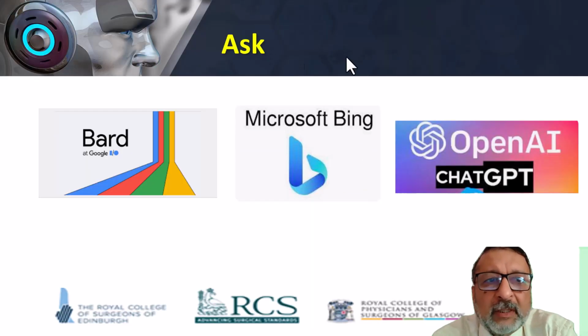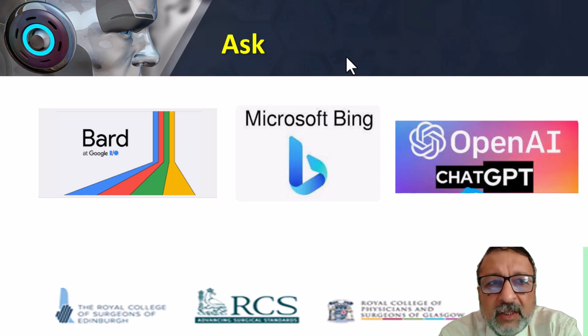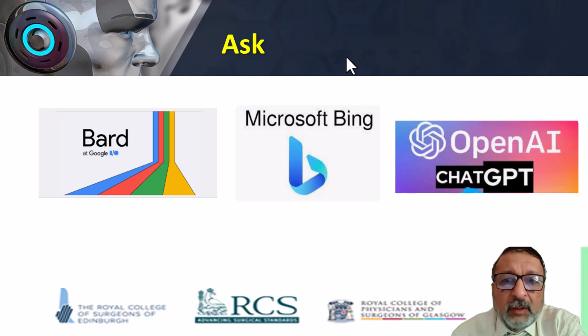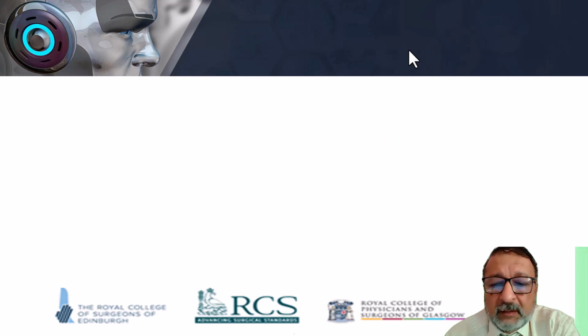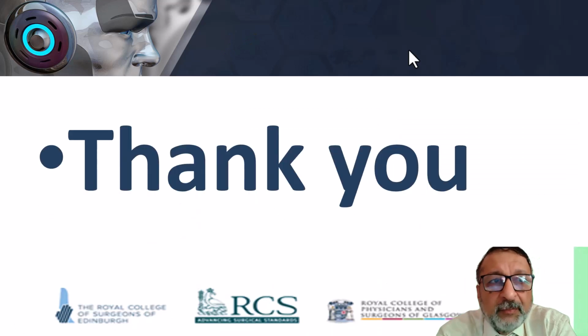So you can see out of these 3 contenders, ChatGPT was better, followed by Bing, and the least one was Bard. Remember, these are dynamic AI models that are continuously improving. I hope with this quick summary, I have given you a hint of how artificial intelligence can help you in vascular surgery.